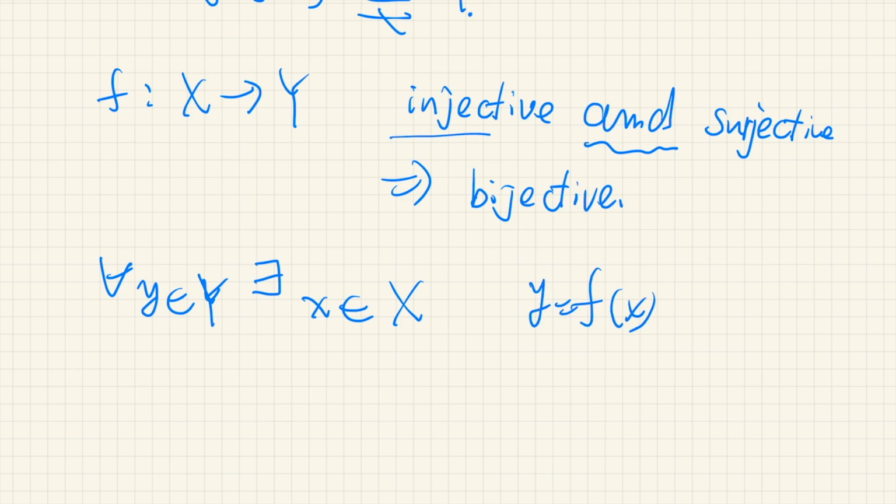But since it is also injective, that means this x is unique. So in general, for a surjective map, there can be multiple x's that correspond to this y, right? But since it's injective, this x is unique. There is only one x in X such that y equals f of x holds. So that's what bijective means.